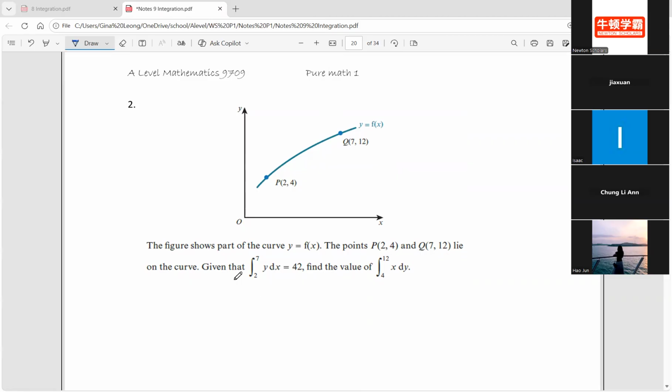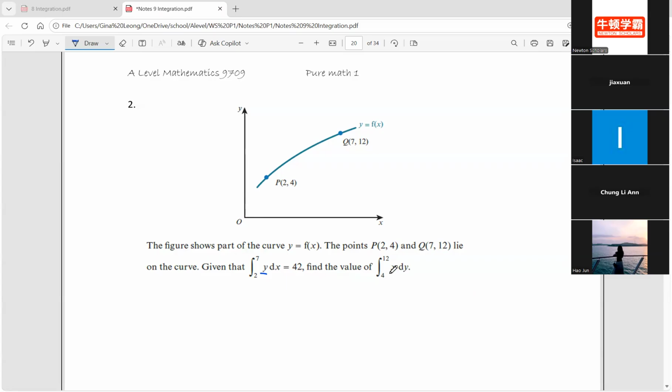Then he tells you, given that, the y-value is like ax squared plus bx plus c, something like that. It's the equation, so you will get 42.